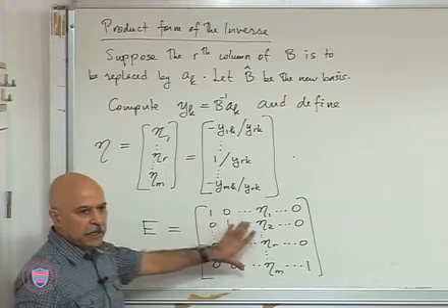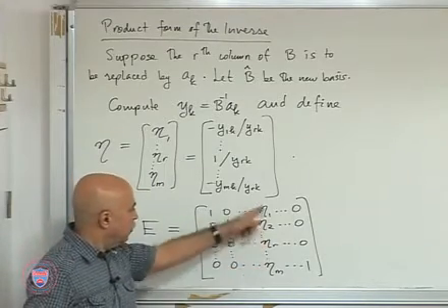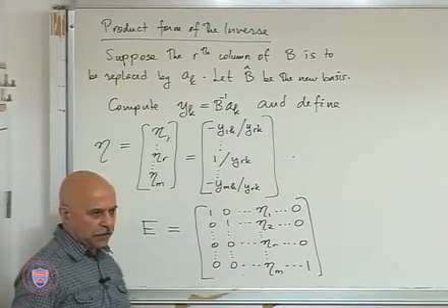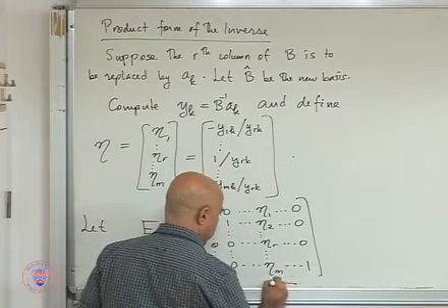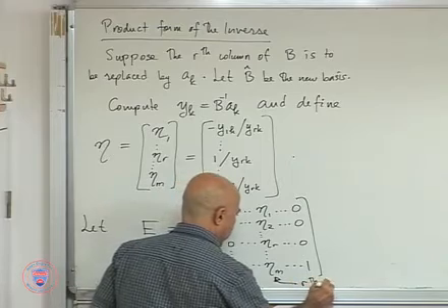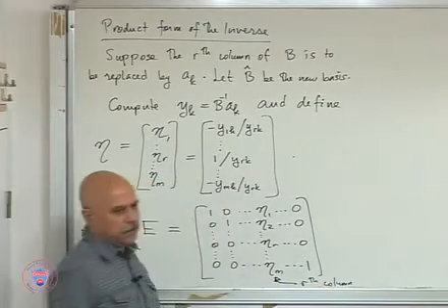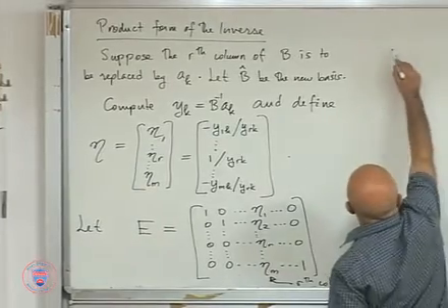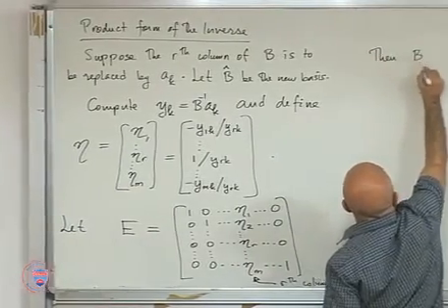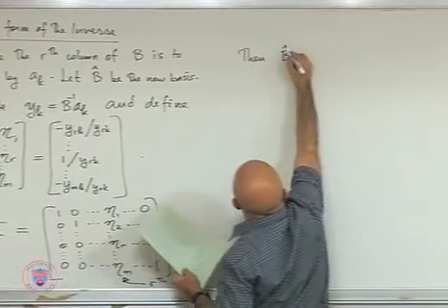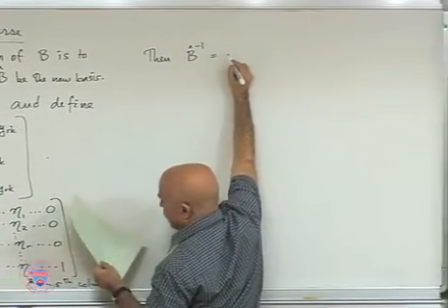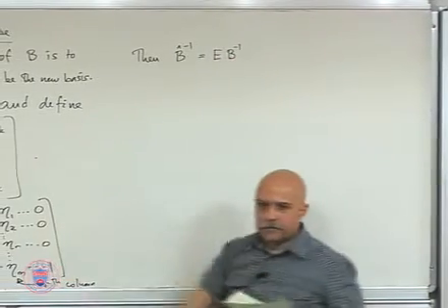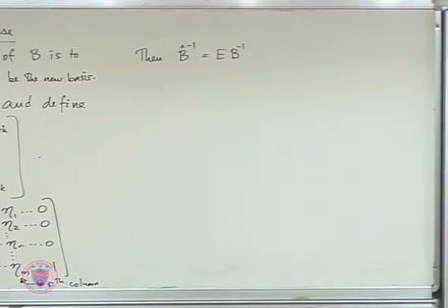So this is simply the identity matrix with the rth unit vector replaced by the eta vector. This is the rth column of the identity, except that it's replaced now. And it turns out that the inverse of the new matrix, B cap, is simply the elementary matrix E times the old inverse. You can show that. It's really simple.